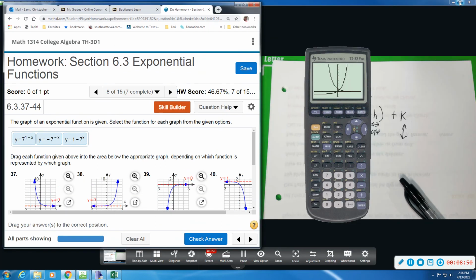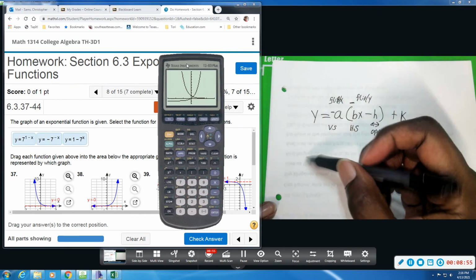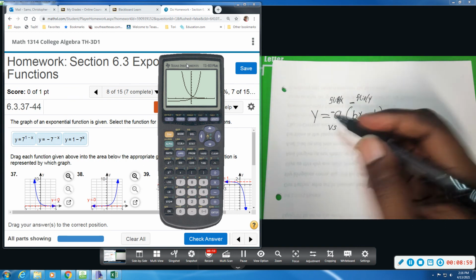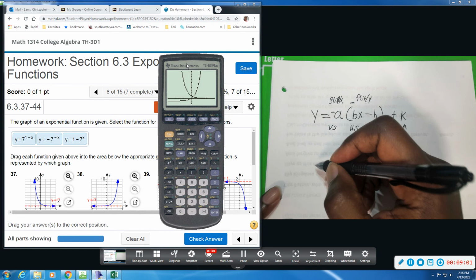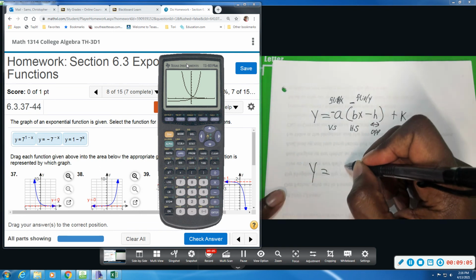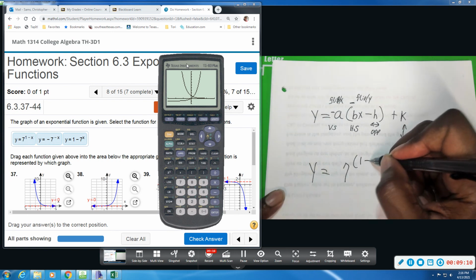Let me see if I can write it out and get a better idea of what's happening with this graph. Yeah, actually, that's what it is. So this is what's going on. I can do them a little bit better by hand. We have 7 raised to the 1 minus x.